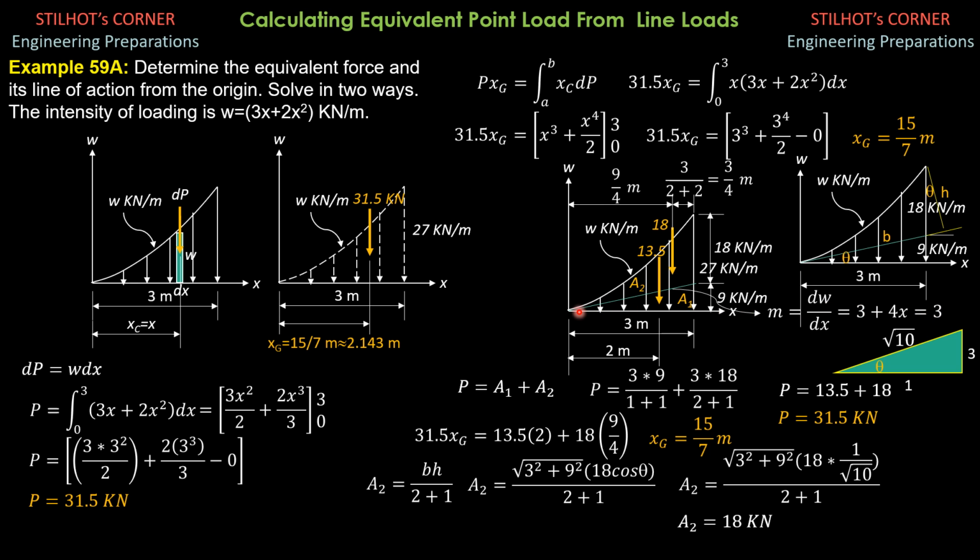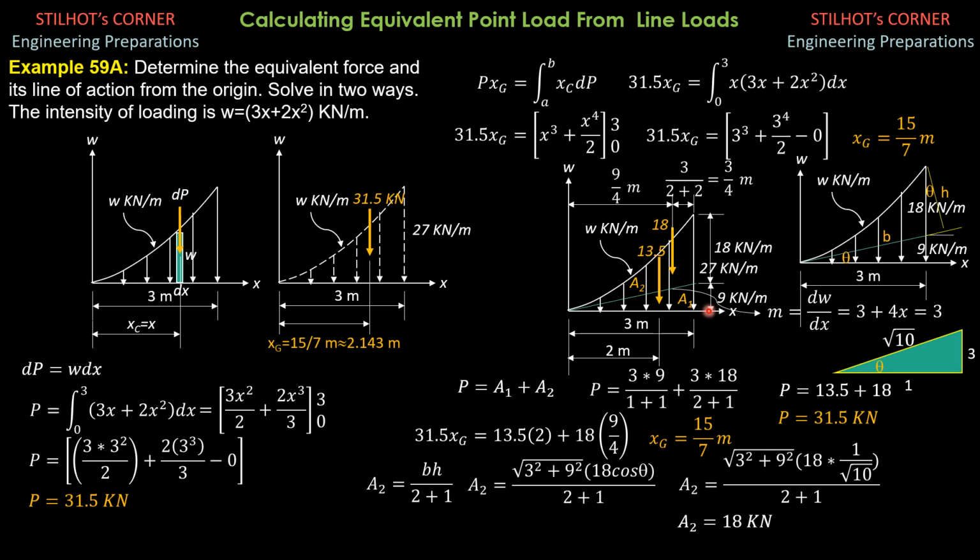So remember that tangent of this angle, the angle that this tangent makes with the horizontal, is equal to the slope of the tangent to this curve. So since the slope is 3, then tangent of theta is opposite divided by adjacent. So tangent of theta, which is 3, equals opposite divided by adjacent, which is also 3.